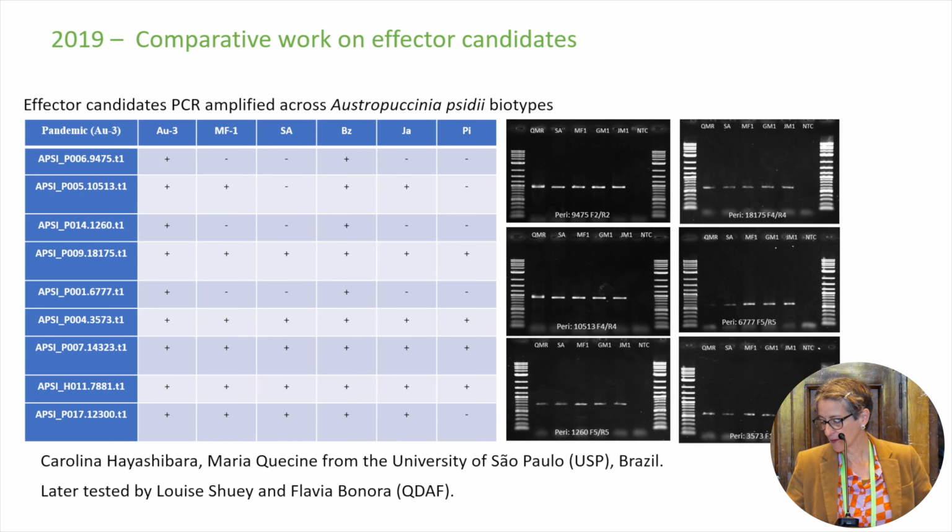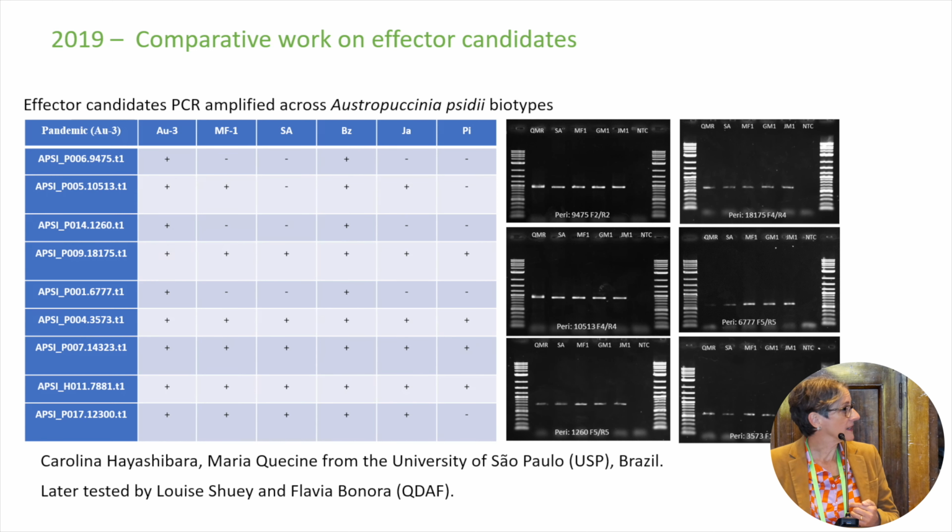In 2019, we had Carolina Hayashibara from Sao Paulo come and work with me on some comparative work on effectors, and we tried to look for differences across some sequences of effectors. Effectors are the particular genes from the pathogen that manipulate the host. These are predicted effectors, and she developed some primers and screened a number of different strains of Austropuccinia psidii, and we did see a little bit of difference.